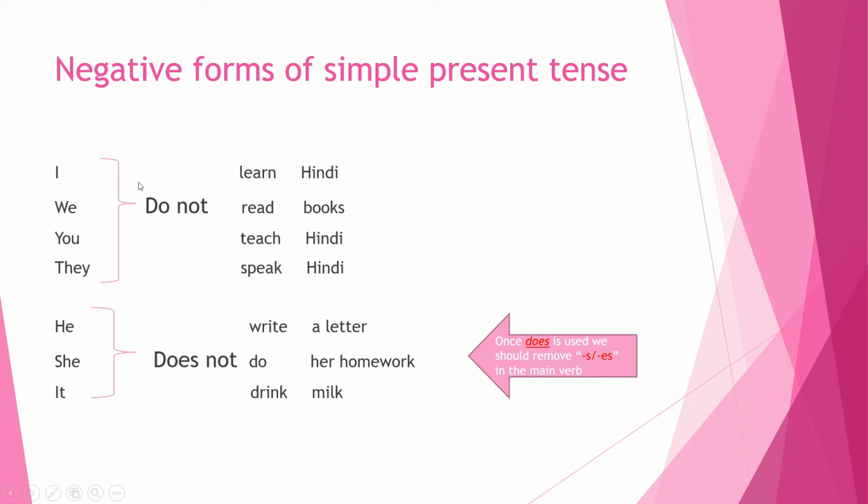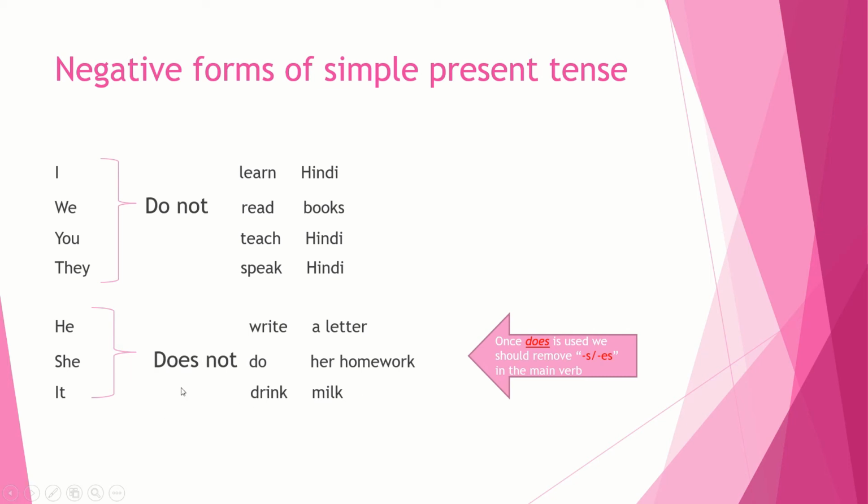So, I do not learn Hindi. We do not read books. You do not teach Hindi. They do not speak Hindi. He does not write a letter. She does not do her homework. It does not drink milk.